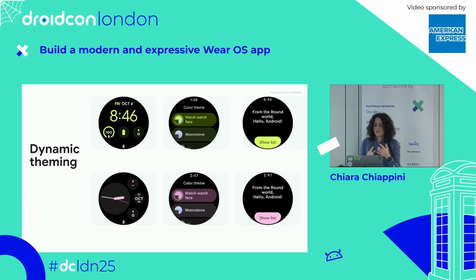Now that we've gone through the basic building blocks for Wear apps in Material3, I also wanted to highlight a cool feature that you can easily enable in code. Dynamic themes is a feature that automatically adapts the watch interface colors to match the selected watch face, creating a more cohesive look by pulling colors from the watch face palette and applying them to the UI and tiles.